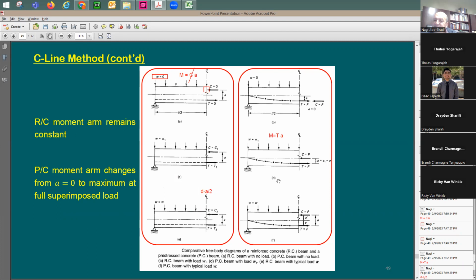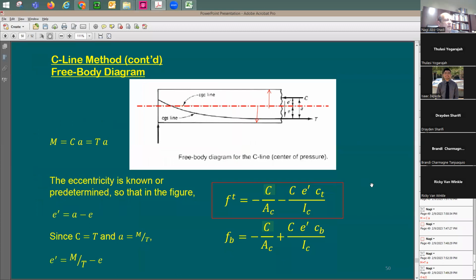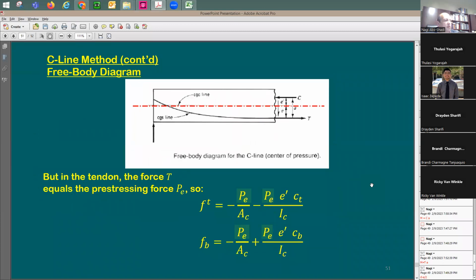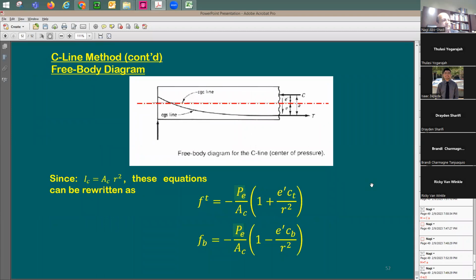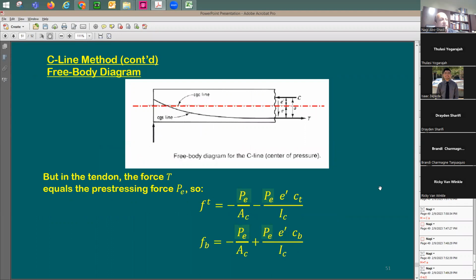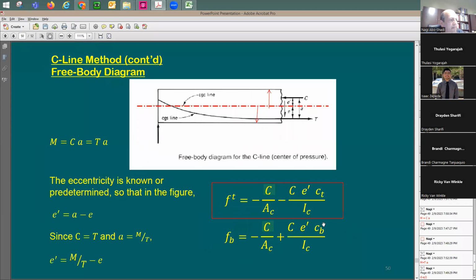Any questions? So as you see here, the equation that we are using, the amount of force, this C, which is the same as T, which is the same as a pre-stressing force, depends whether it's going to be PI or PE.